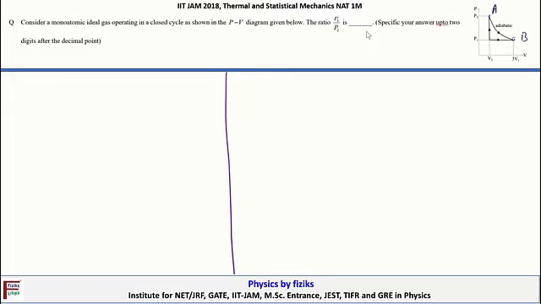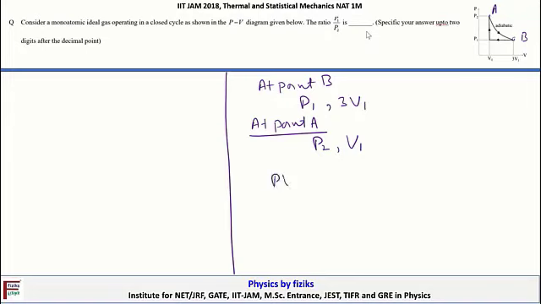So at point B, the pressure is P1 and the corresponding volume is 3V1. And at point A, the pressure is P2 and the corresponding volume is V1. Now because it's an adiabatic process, it is bound to satisfy PV^gamma equal to constant.